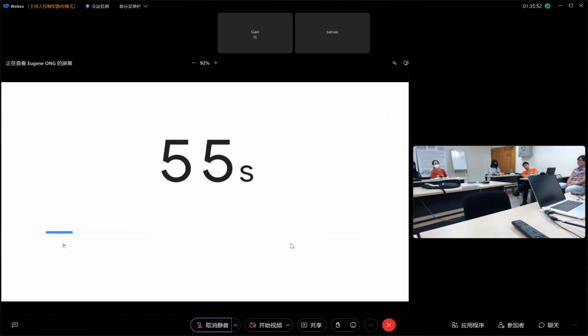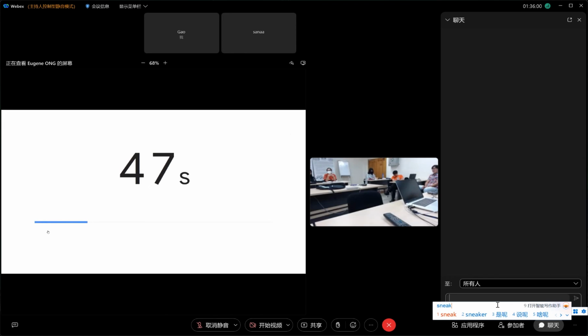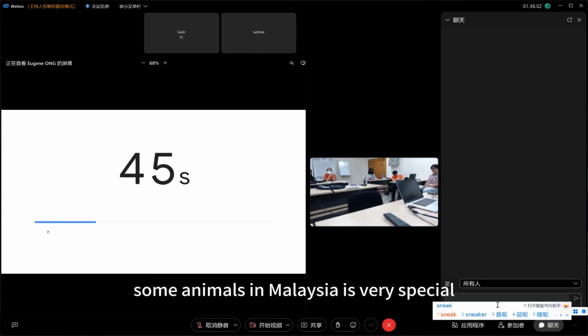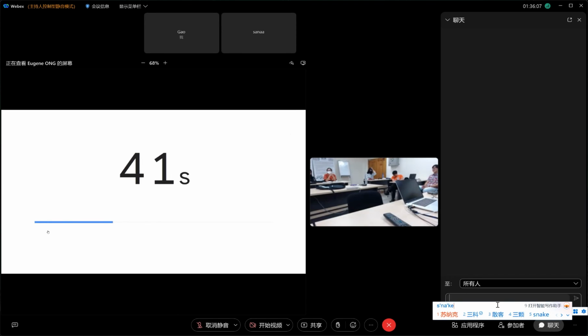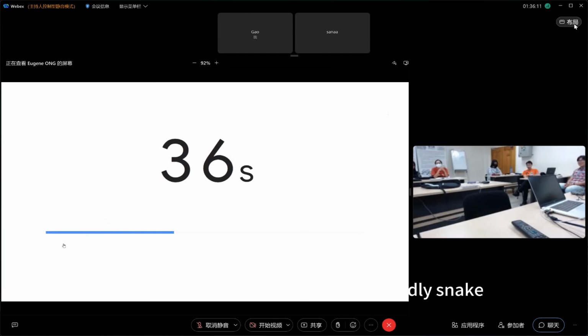I have some ideas about snakes in Malaysia because I like this animal. Some animals in Malaysia are very special, very different from any other country. The largest snake found in Malaysia is a friendly snake, but another found in Malaysia is a very dangerous snake, because more people die.